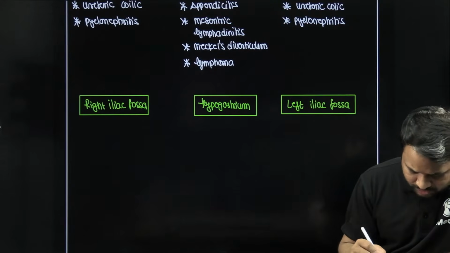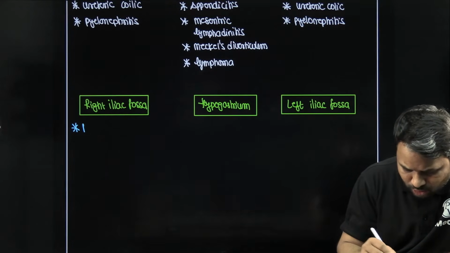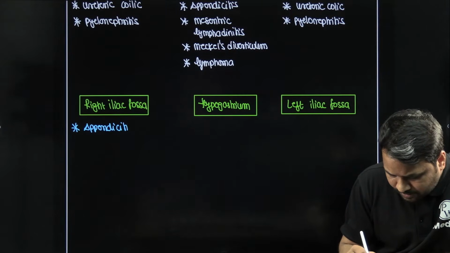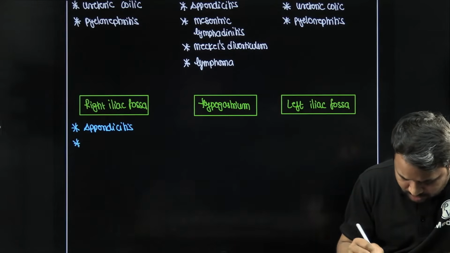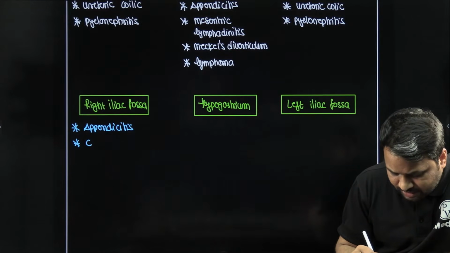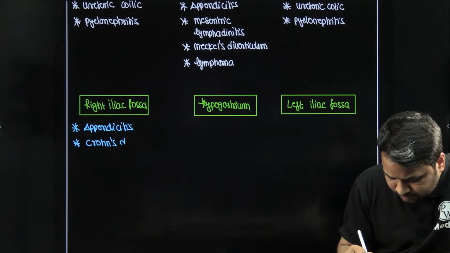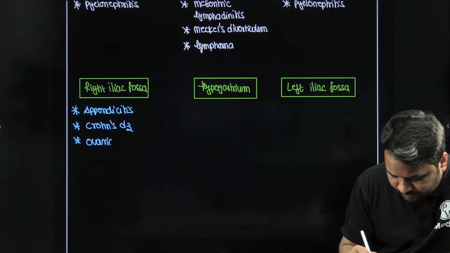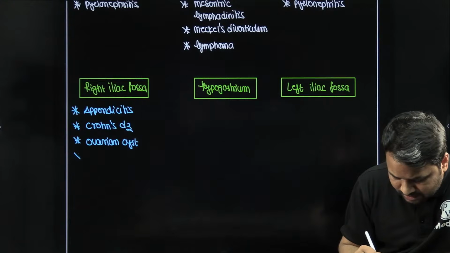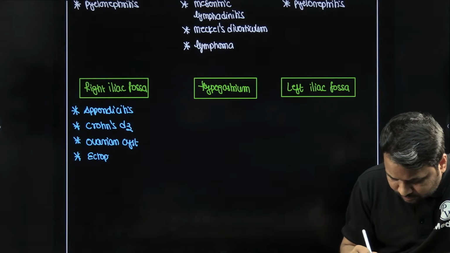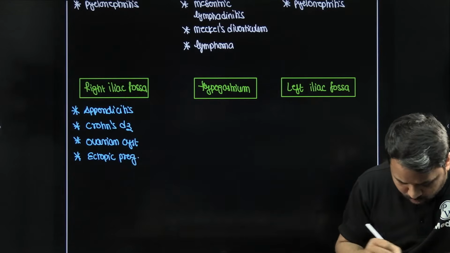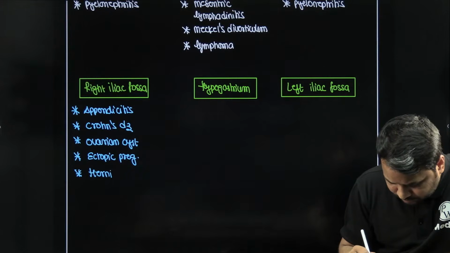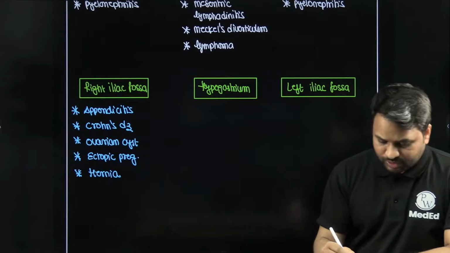Now, in the right iliac fossa, it can be secondary to appendicitis, which is quite common. Then you have your inflammatory bowel disease like Crohn's disease, secondary to ovarian cyst in females, ectopic pregnancies, and hernia. Right, all this will be in right iliac fossa.